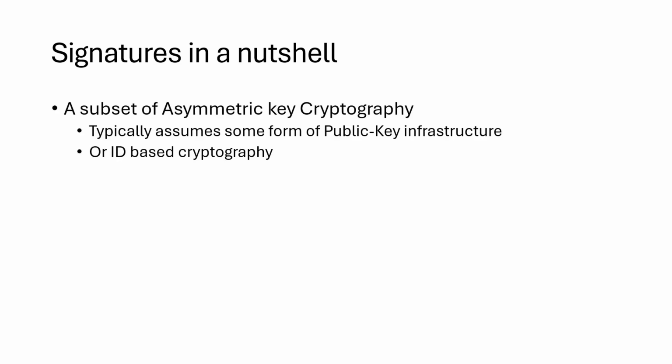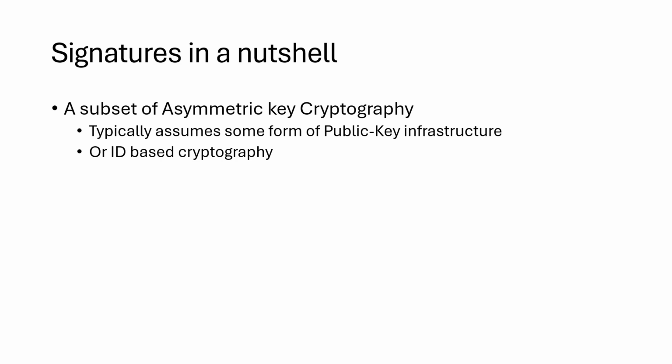So very quickly, signatures. When we say leak a secret, we're actually going to be extending upon signatures. In this slide, I'll briefly talk about what signatures are. Signatures are a subset of asymmetric key cryptography. Typically, it assumes some form of public key infrastructure, which you can think of as an infrastructure that tells you that this person has this key and I can prove it.